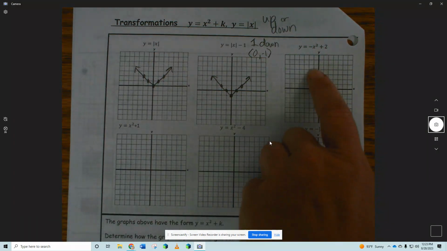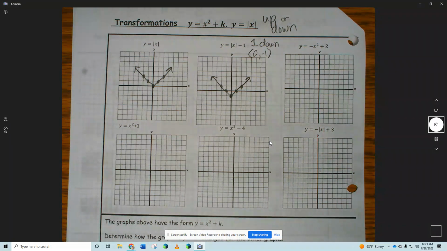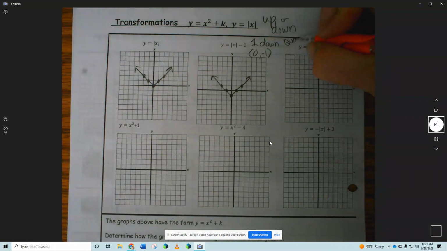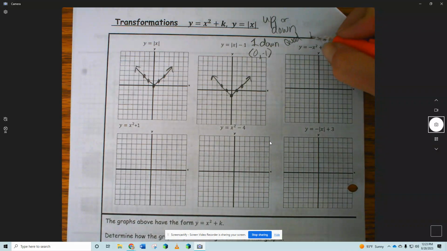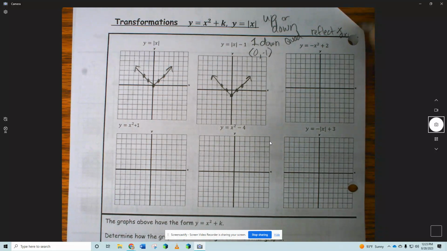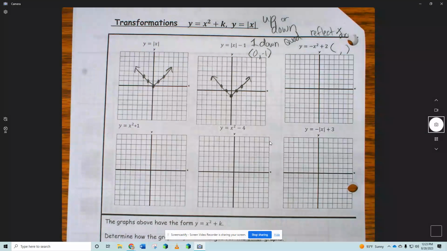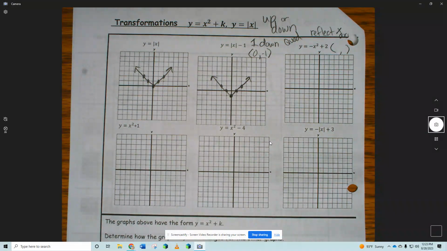Third one. Ooh. Parabola. Quadratic. Oh, reflect over the x-axis, facing downward. What's my vertex? There's no h, remember? What's my vertex? 0, 2.